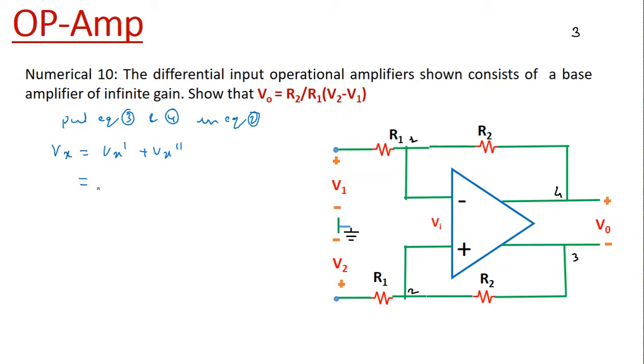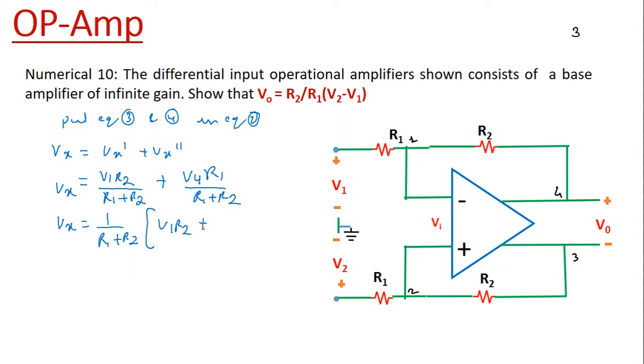So when we put, we get V1 R2 divided by R1 plus R2, plus V4 R1 divided by R1 plus R2. This is the equation which we are getting for Vx. So we take out 1 upon R1 plus R2 common. So we get V1 R2 plus V4 R1. So this is our equation number 5.